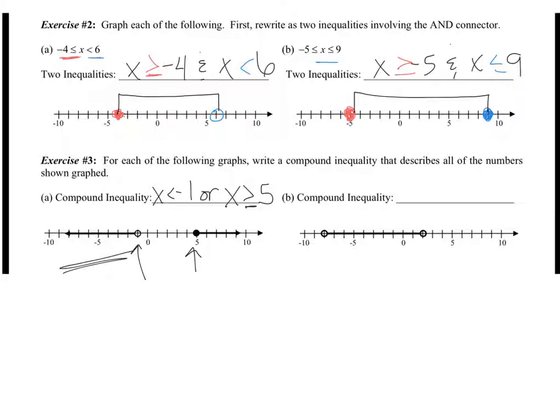The second one is an "and," so we're going to write that as a single inequality. Notice both are open circles, so we're going to keep those as just less than and more than, not "or equal to." The smaller number is -8, and the larger number is 2.